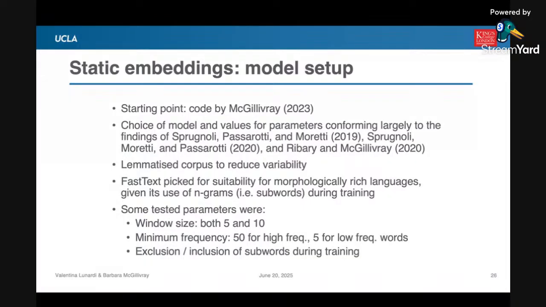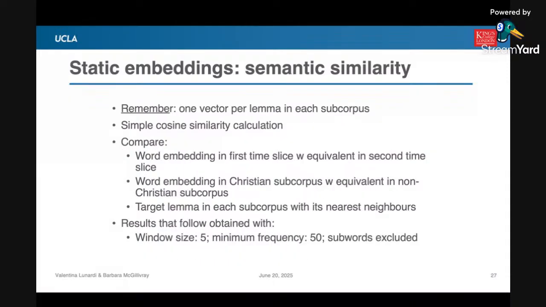And I tested a bunch of different parameters, like window size and minimum frequency, which I had to play a little bit more with, because sometimes I wanted to look into a word that wasn't frequent enough in the corpus, and so the embeddings weren't produced, and so on. Okay, so remember that for these models, you just get one vector per lemma, so one vector per word type.